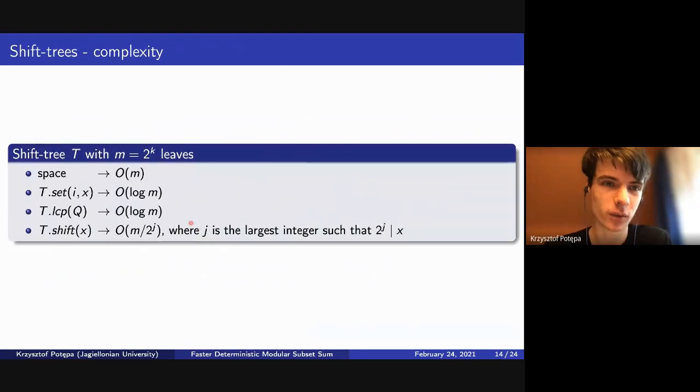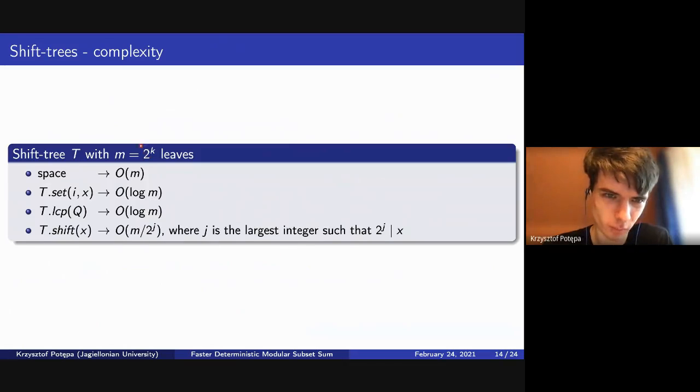Okay, so that's pretty much all there is to this randomized variant of shift trees. The space is linear. Set works in log m, it's standard set as in segment trees. LCP works in log m because we can now descend from the roots of both trees, and shift works in that weird complexity.